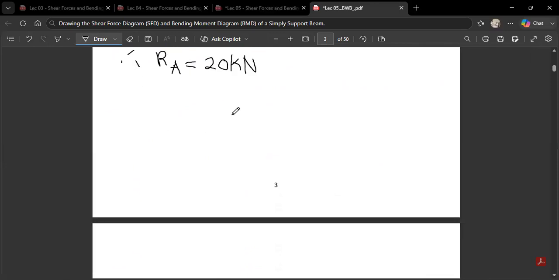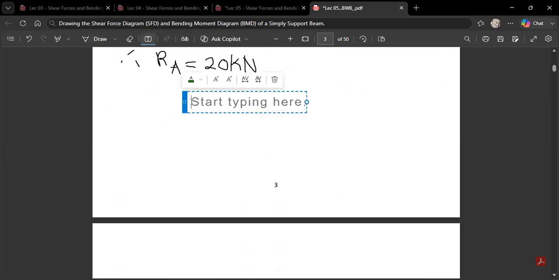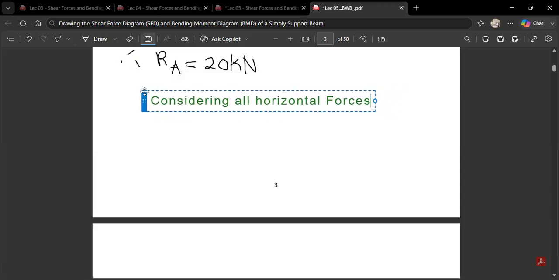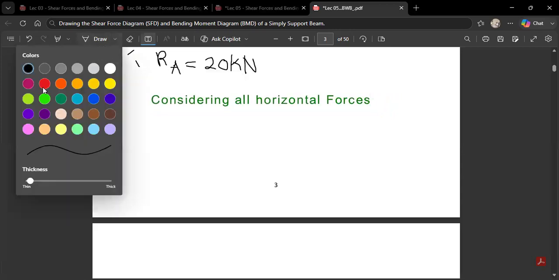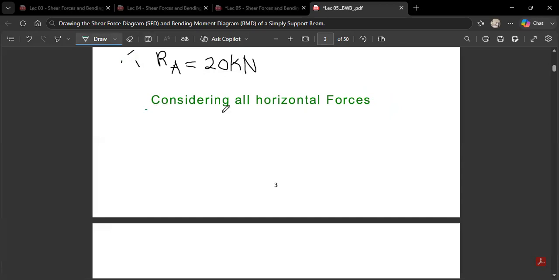Okay. So over here we said that we want to consider all horizontal forces. So this is it. Considering all horizontal forces. Okay.